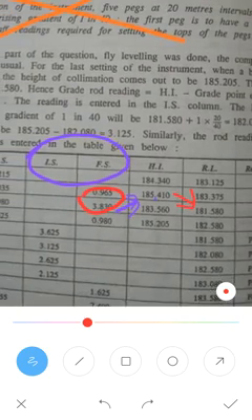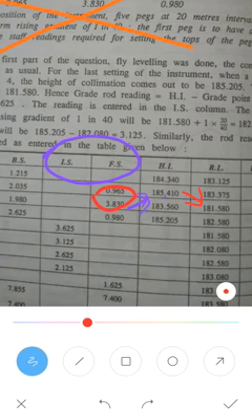Now what you have to do is, you got this 181.580.